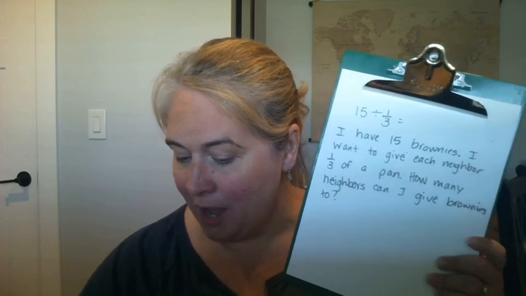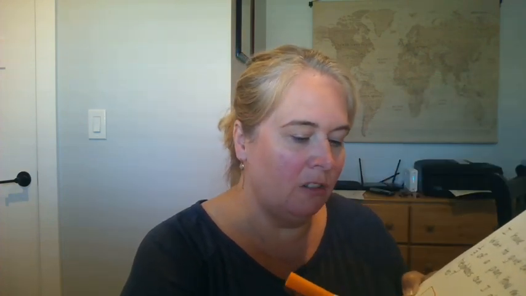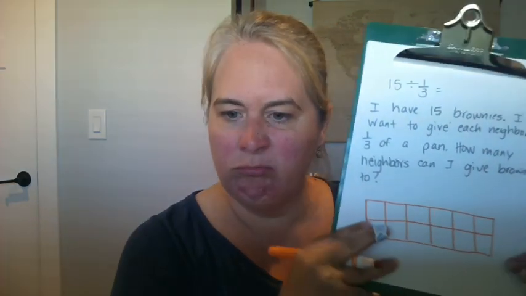So again, I'm going to draw out my ratio table. It doesn't have to be orange, just happens to be what I have. And sometimes I don't know how long this is going to be. So if I need to not use all the boxes, that's okay. If I need to use more boxes, totally fine. I'm just going to draw some in here so I can think about what I'm trying to do.